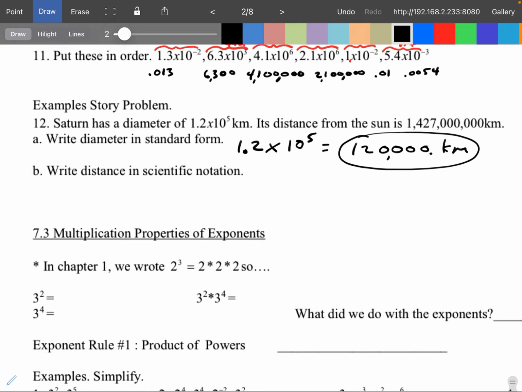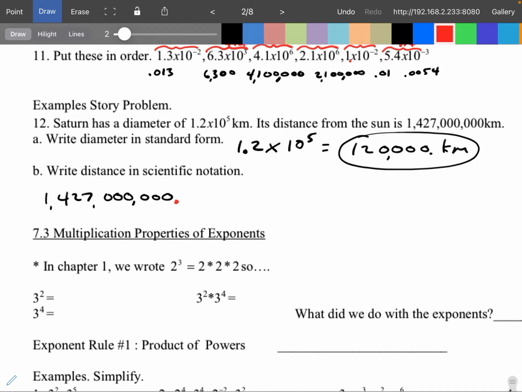Okay, and then the last one, we got to put the distance from Saturn to the sun. We got to write that in scientific notation. So right now we got 1,427,000,000,000. So right now the decimal is right here.